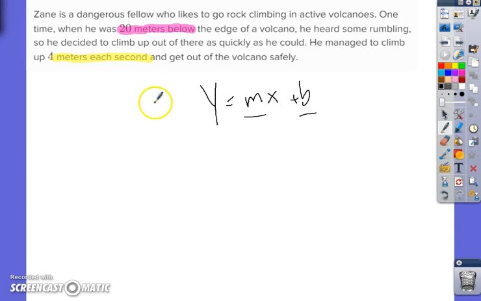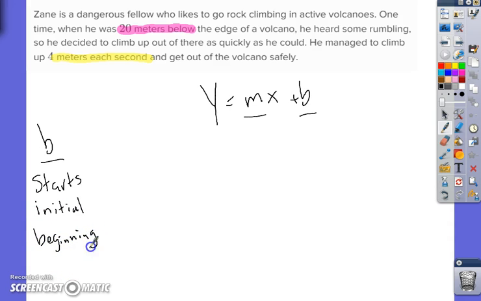And let's see. Okay, so for the start, for the intercept, b, here's some of the things I'm looking for. I'm looking for where it starts. That's also known as the initial cost or the beginning, or something that has to do with x being 0. So I'm looking for those kinds of things to find the intercept, the starting.